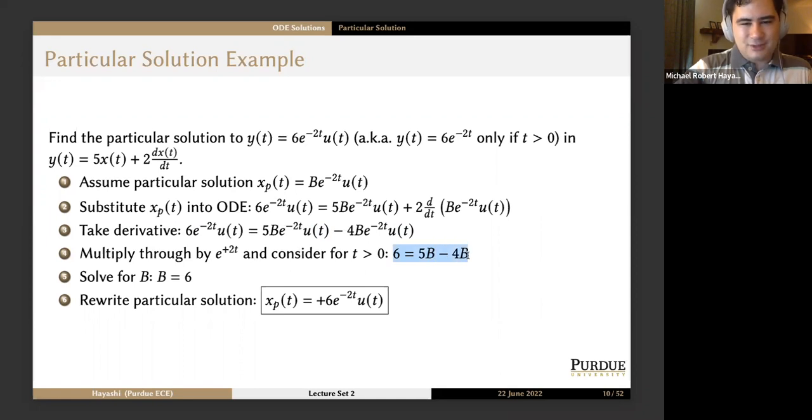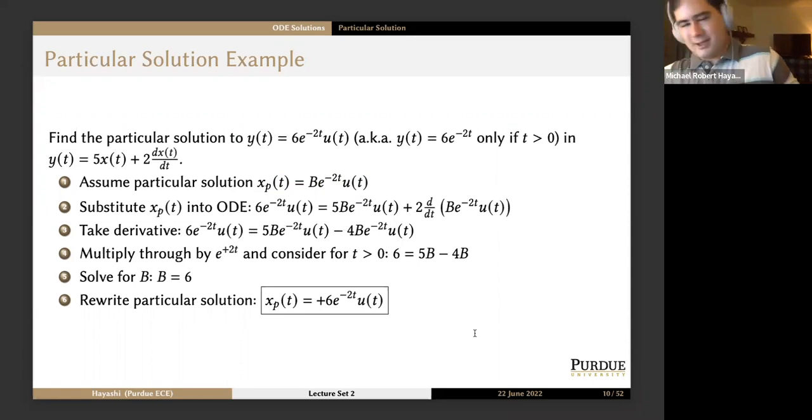So we'll get 6 equals 5b minus 4b. Hopefully this is all math that we're comfortable with. So we'll just get b is equal to 6. So we rewrite our particular solution from the original step 1, which is x sub p of t is equal to 6 e to the minus 2t u of t. And there we go. That's our answer.